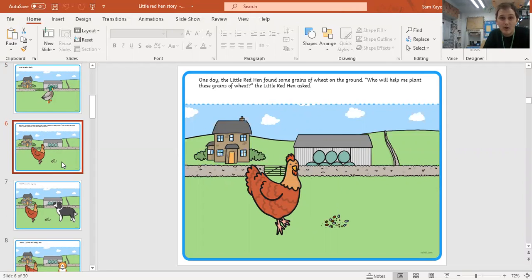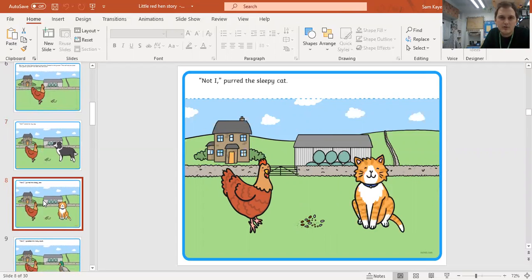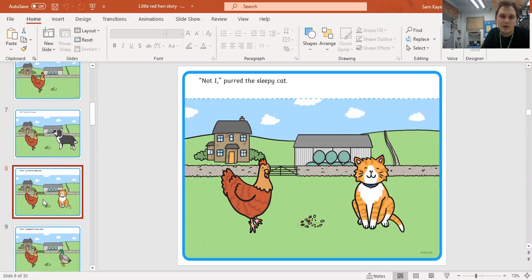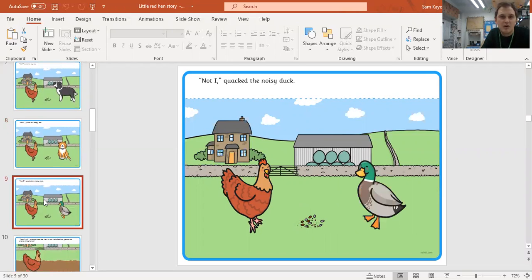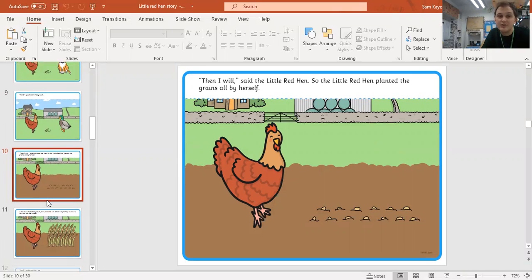"Who will help me plant these grains of wheat?" the little red hen asked. "Not I," barked the lazy dog. Woof, woof. "Not I," purred the sleepy cat. "Not I," quacked the noisy duck. Quack, quack. "Then I will," said the little red hen.